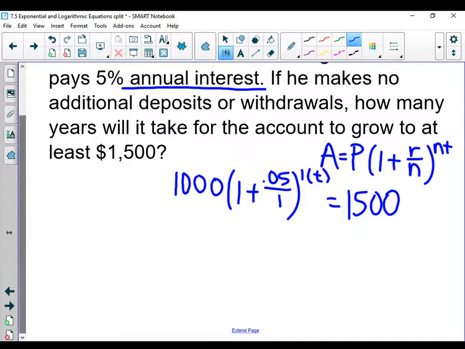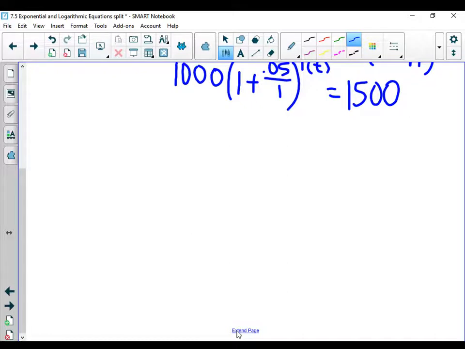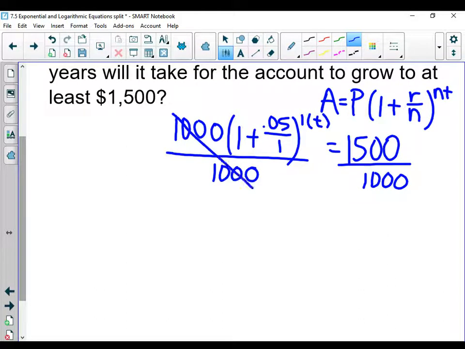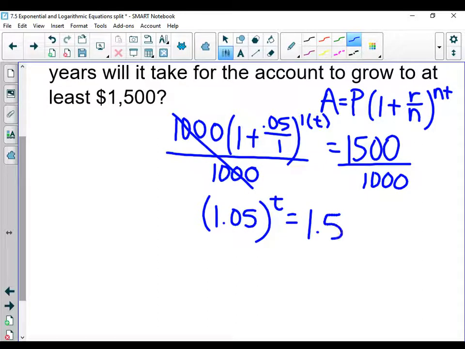Before, I just told you to guess and check. So now we know we have to do what first? Divide by 1,000. You have to get the exponent and its base by itself first before we can go around the world. I'm going to go ahead and change this to 1.05. And then now I can go around the world.